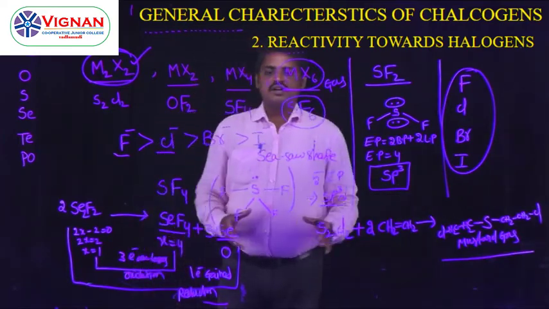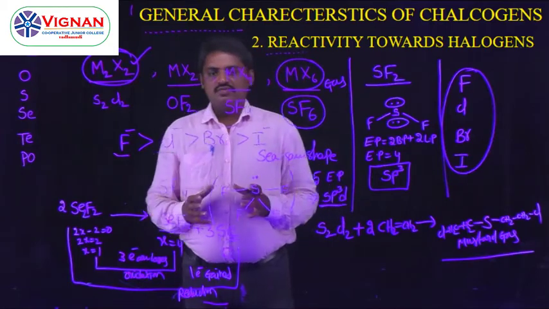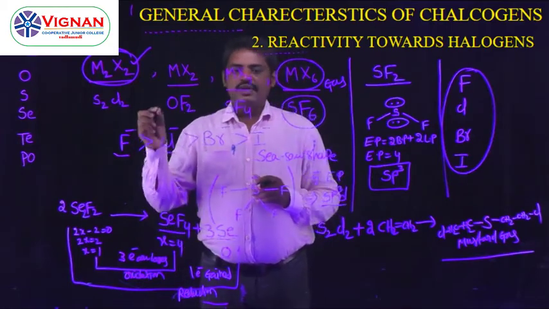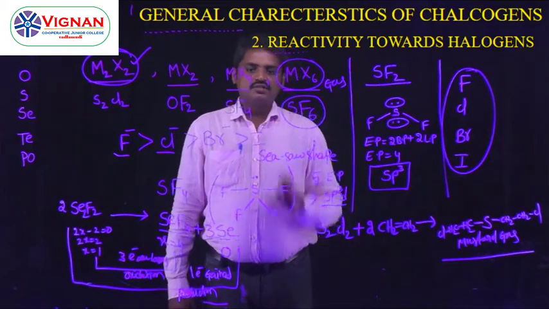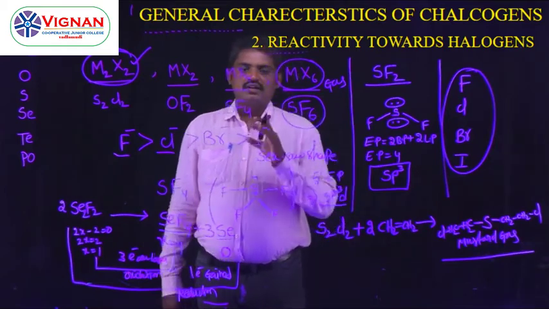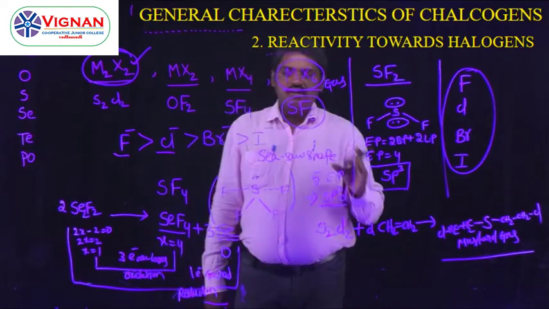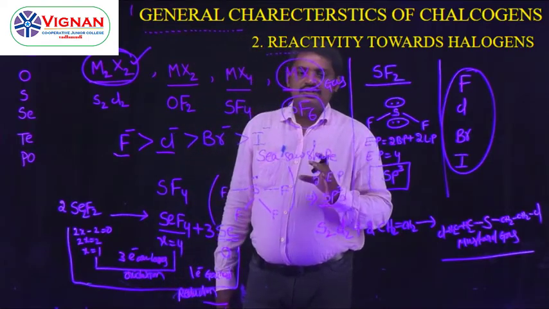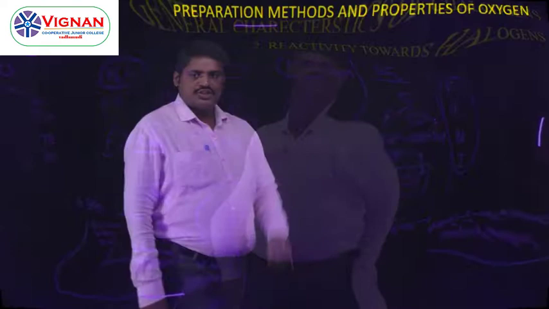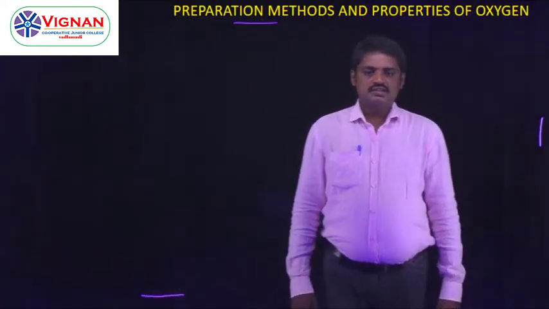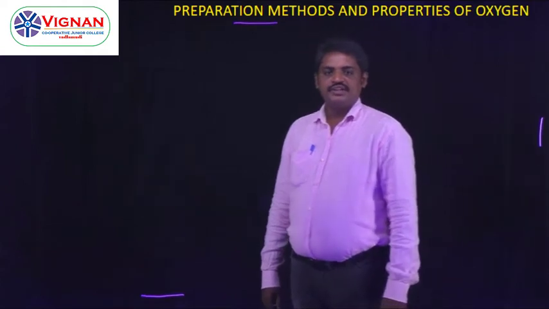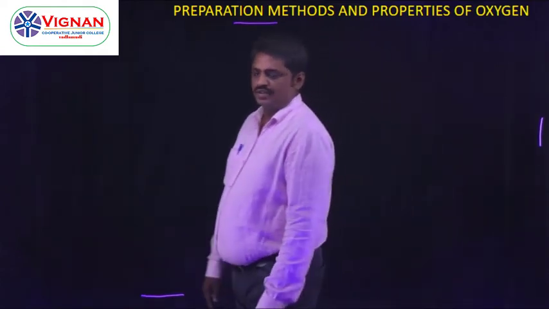This is the importance of 16th group elemental halides. So this is the explanation for reactivity towards halogens for 16th group elements. Next, I am going to discuss preparation methods and properties of oxygen.